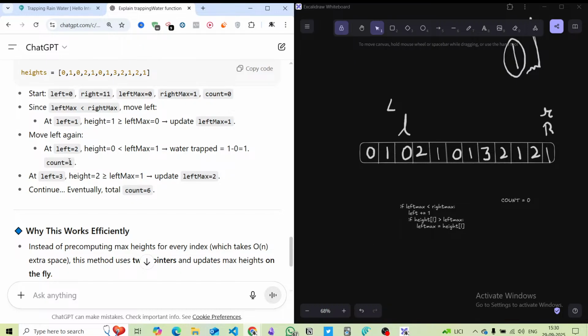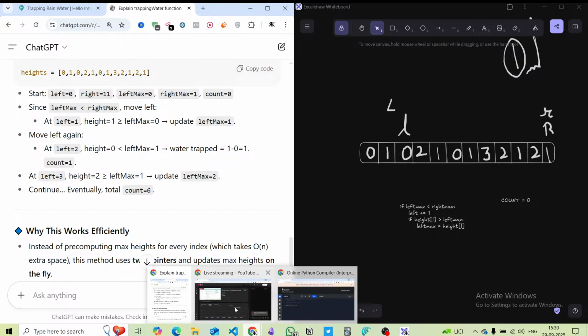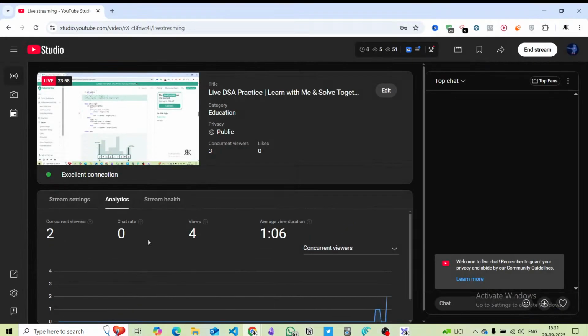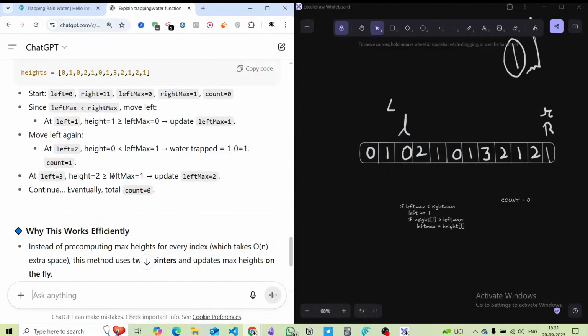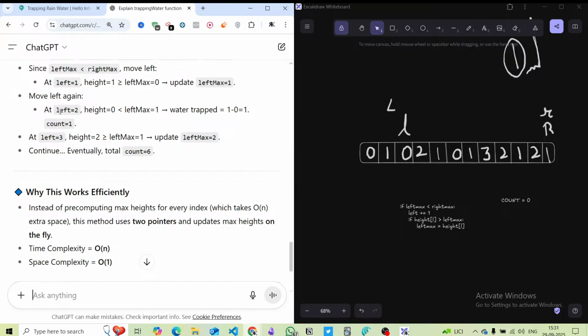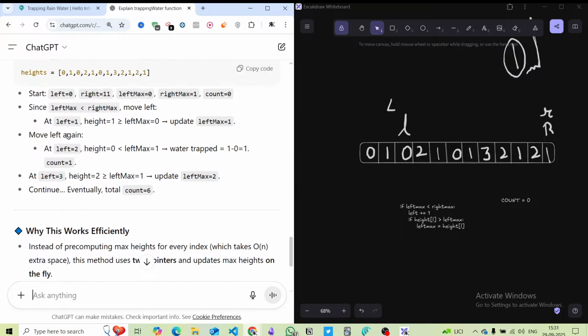Okay. So what's the next one? So again, they're asking, we just again move. Okay. So the next one, here the value of the left is 0.